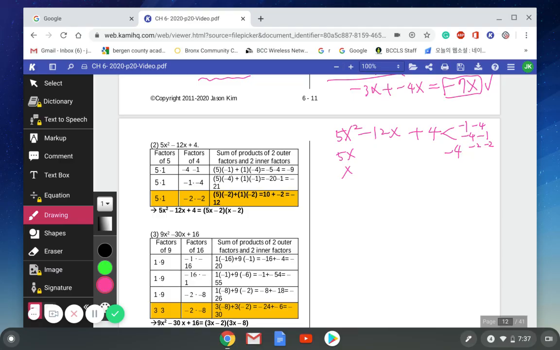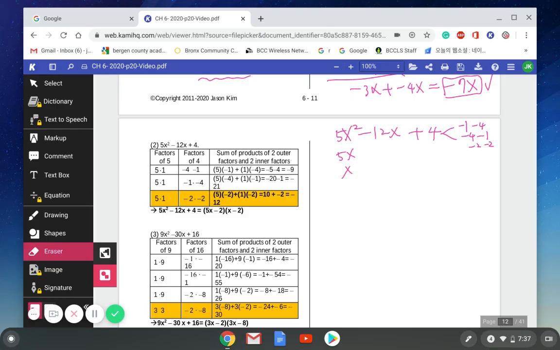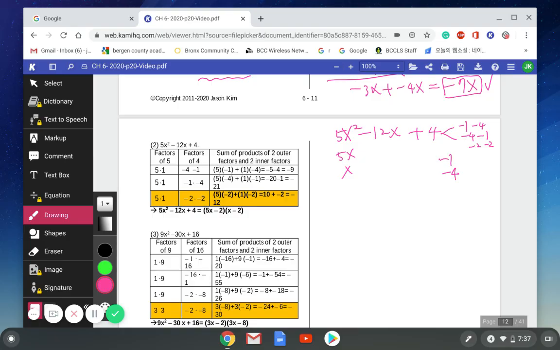When I try a -1 with a -4, that makes -20 when I cross multiply with a -1, so -21. So I know it will not work because you need -12.